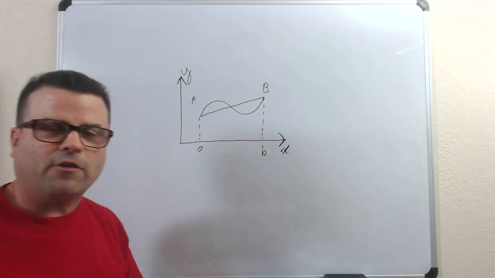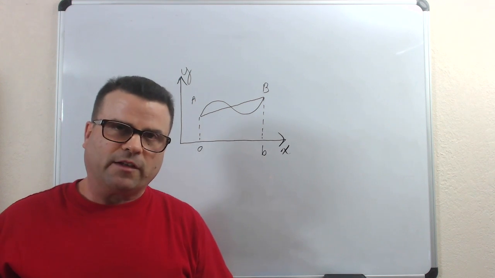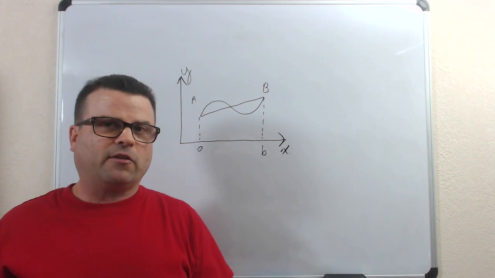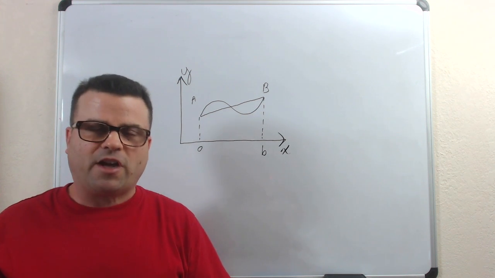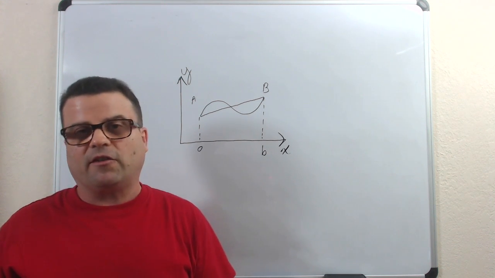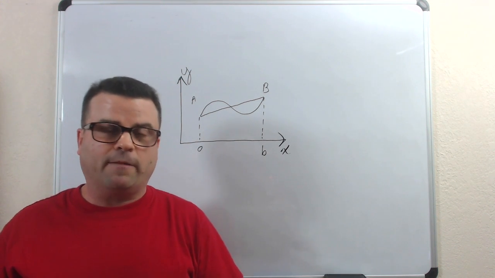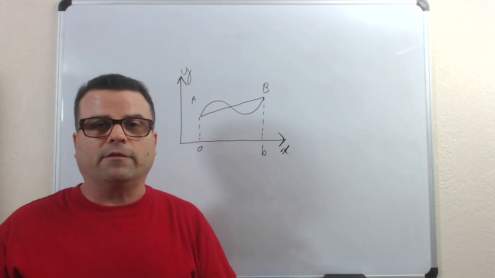So the mean value theorem says that there will be at least one point on the curve such that the slope of the tangent line is equal to the average rate of change from point A to point B. That average rate of change is the slope of the line going from point A to point B. That is the heart and soul of the mean value theorem.